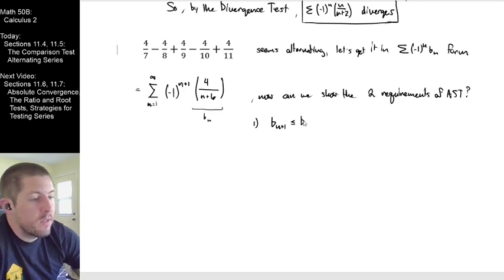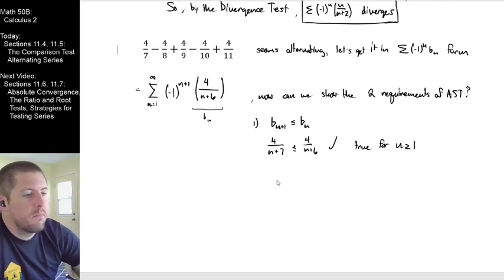The terms in the series are decreasing. That would be 4 over n plus 1, which is really n plus 7 then, so less than or equal to 4 over n plus 6. Clearly true for all positive n's. That's good.